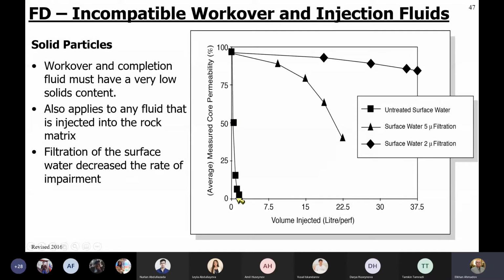As we clean the water, you can see the drastic change if we clean the water with 5 micron filtration, and if we clean the water to 2 micron filtration, then the permeability reduces, but very little as we inject more and more fluid into the reservoir.